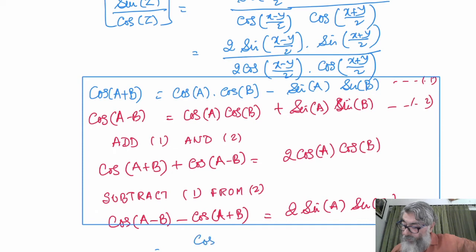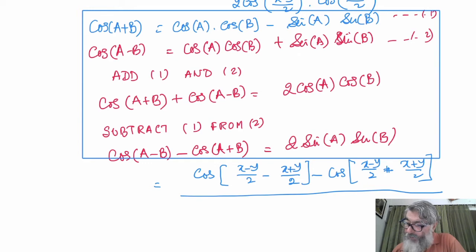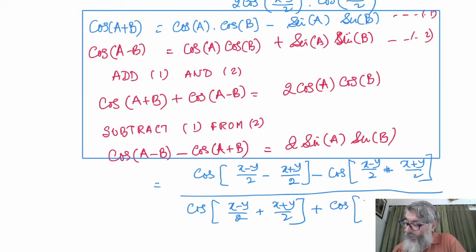So cos (x minus y)/2 minus (x plus y)/2, minus cos (x minus y)/2 plus (x plus y)/2, upon 2 cos A cos B, which will be plus: cos (x minus y)/2 plus (x plus y)/2 plus cos (x minus y)/2 minus (x plus y)/2. Now let us simplify it.